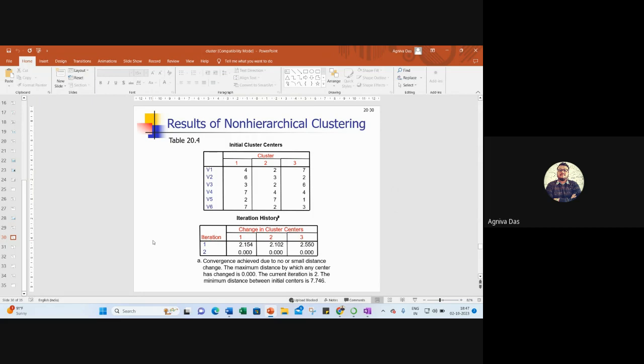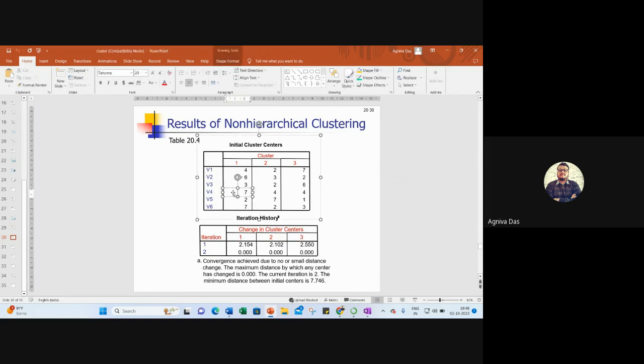In V3, there are 6 centers, and for V4 is... Right. Yes.